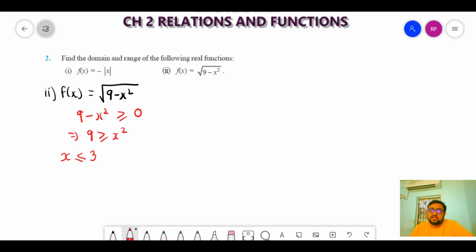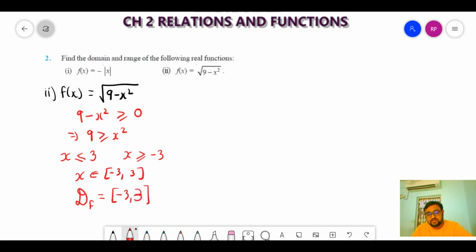So the other limit will be x must be greater than or equal to minus 3. Clear? So the value of x lies between minus 3 and plus 3. So the domain of the function, the values of x that we can take, is closed bracket minus 3 to plus 3.